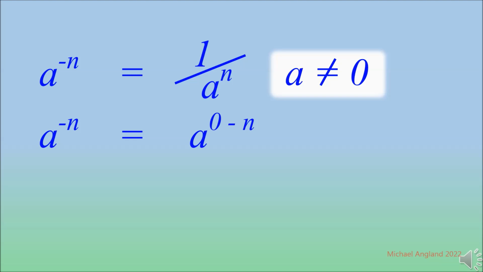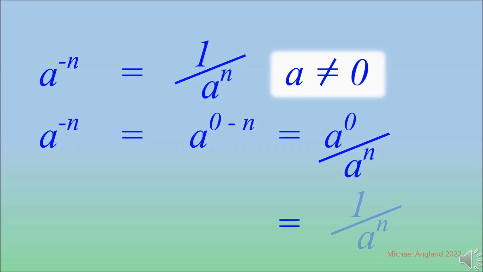So we're utilizing the rule that we established before, where we have a to the power of a difference in our indexes. So a to the power of 0 minus n is a to the 0 divided by a to the n. And as we saw directly before, a to the 0 is 1. So we have 1 over a to the power of n.